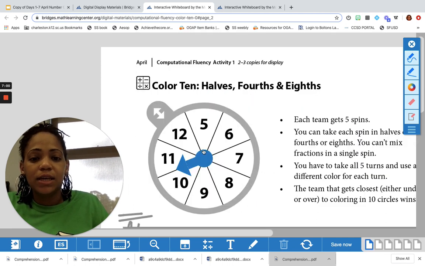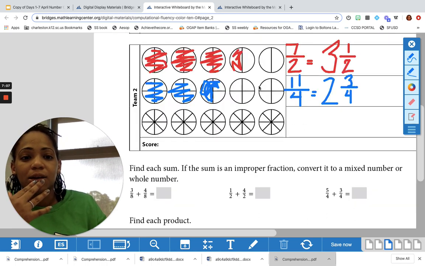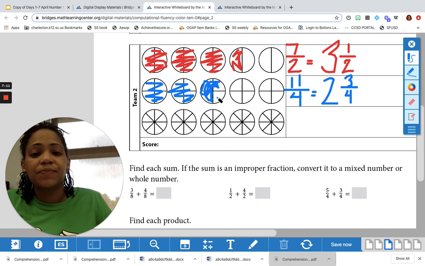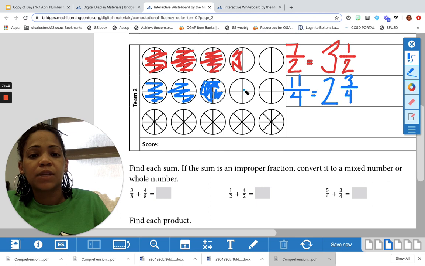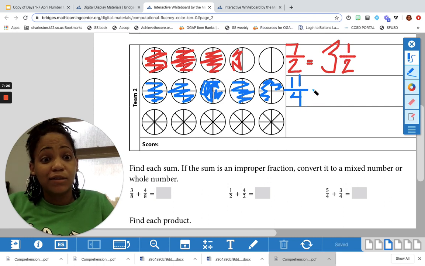All right, let's keep it moving. I got 8. I'll color in 8 fourths because I have 8 fourths. So here's 1 fourth plus 4 fourths, which is 5 fourths, 6, 7, 8. So now I'm actually going to erase this, so I don't write a run-on mathematical equation.